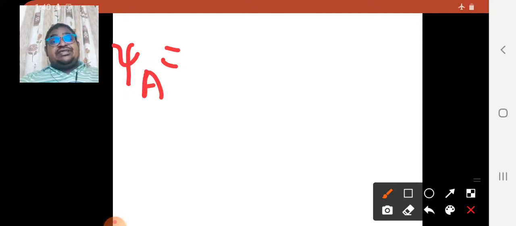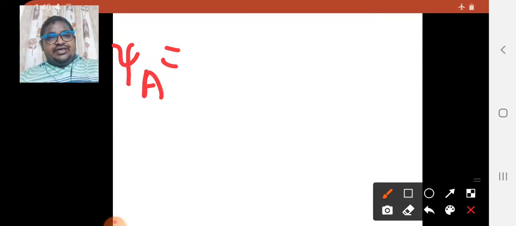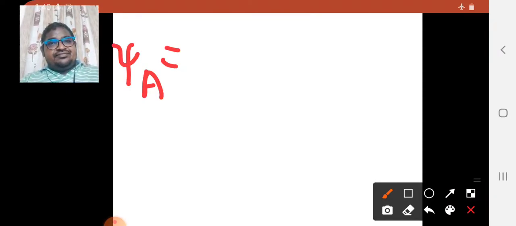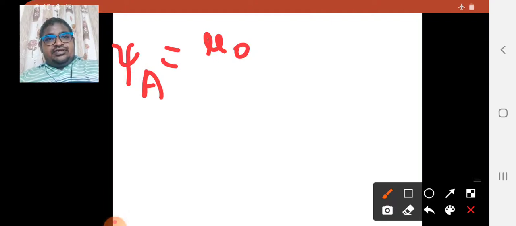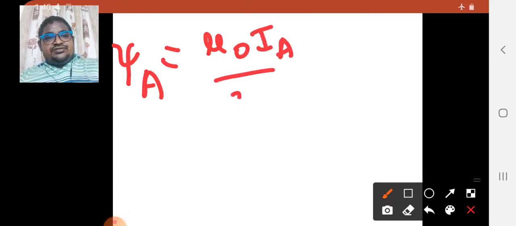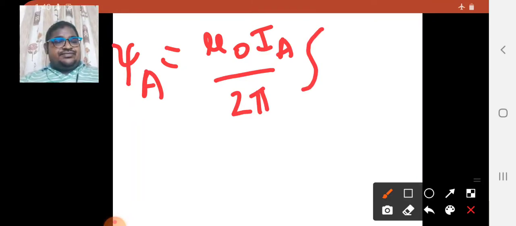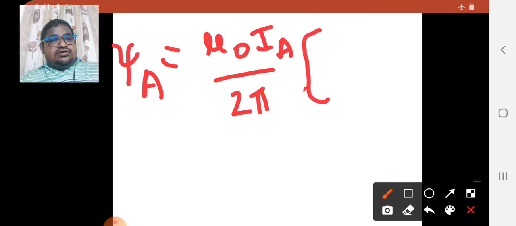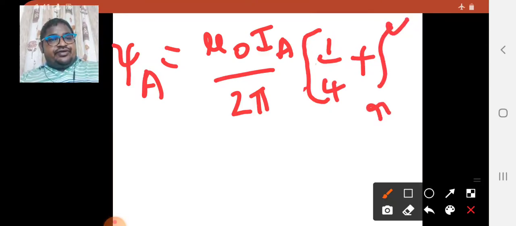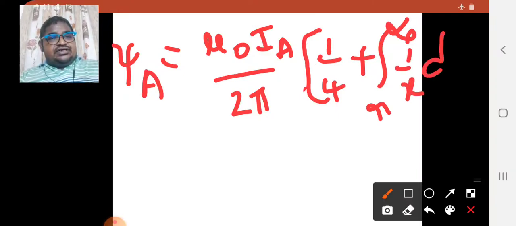The flux linkage with the conductor A due to its own current, that is due to current IA, which is given by mu naught IA by 2 pi, integral of 1 by 4 plus integral r to infinity 1 by x dx.